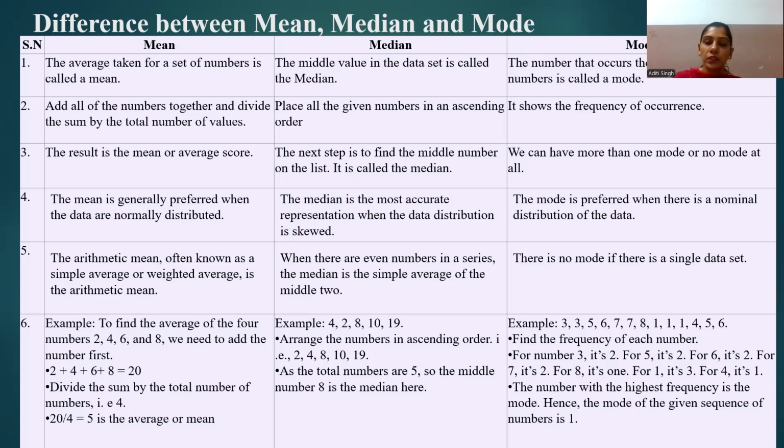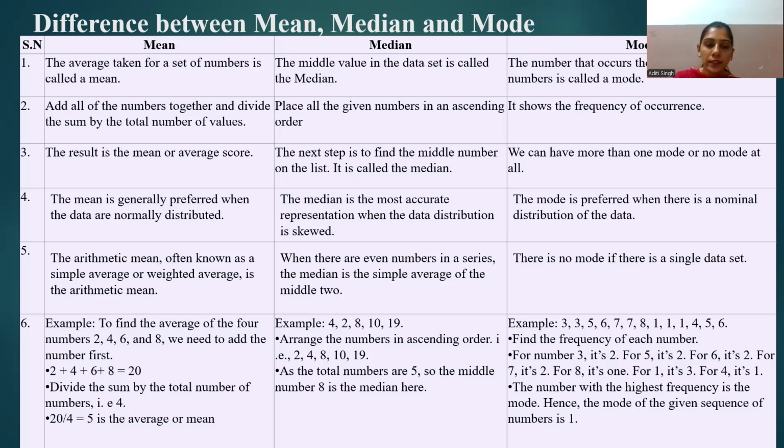And if the total number in the series is an odd number, then the answer will come in fractions, so it is slightly more difficult to calculate the median value. Now as for mode, there is no mode if there is a single data set.